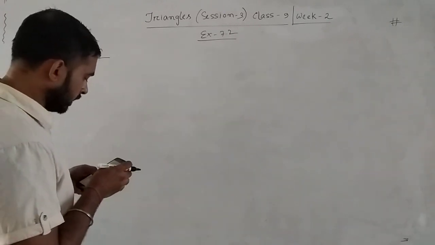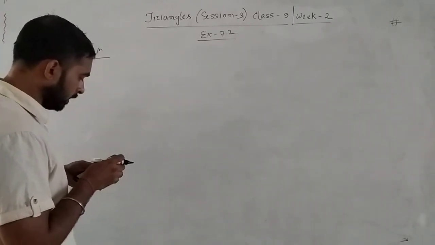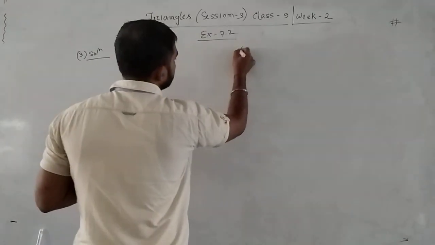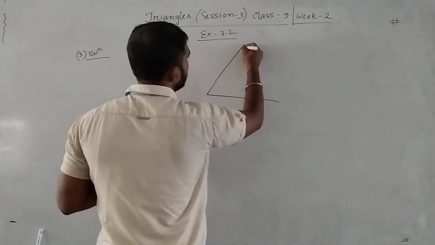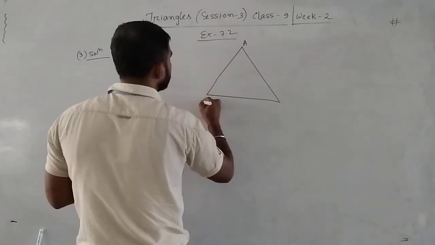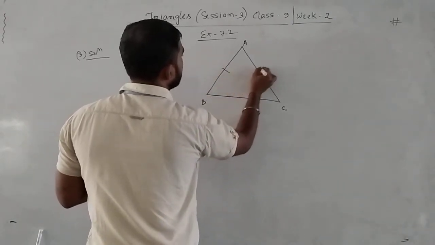The triangle is an isosceles triangle in which the altitudes BE and CF are drawn to equal sides AC and AB. That means AB and AC are the equal sides.